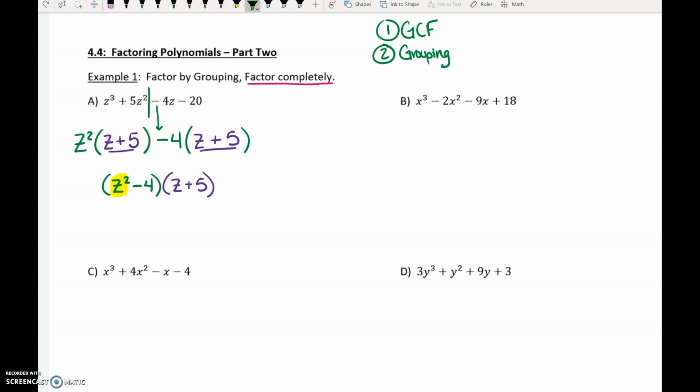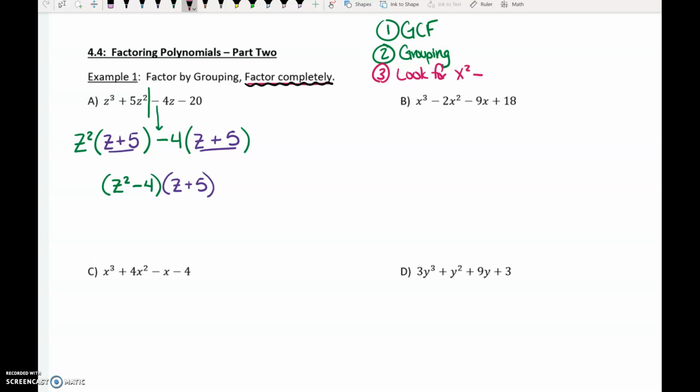Okay, so this is our factored form, but because it says factor completely, we have to think about, are we done or not? Your final step is going to be look for x squared minus. If you see x squared minus, you're probably not done.